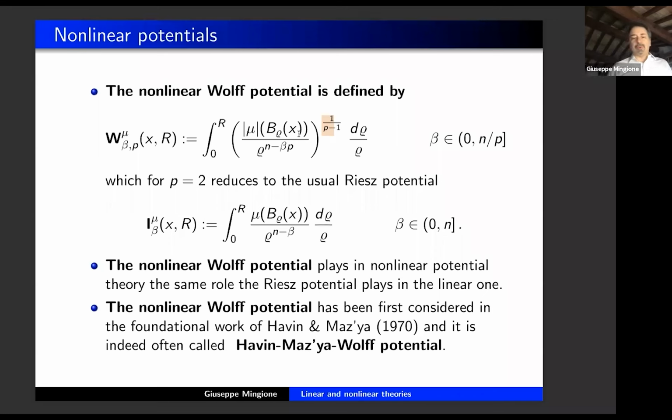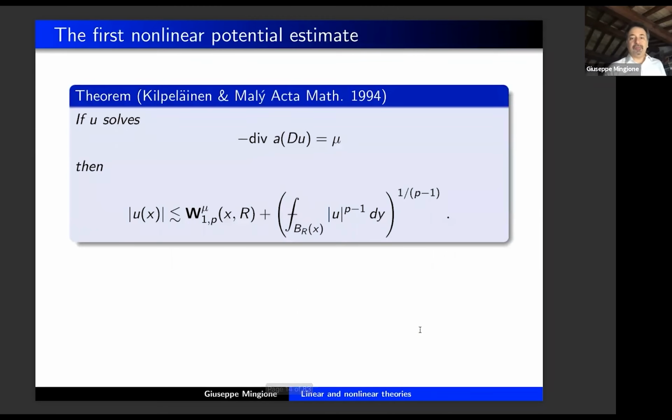Wolff potentials were for the first time introduced by Hedberg and Wolff in a fundamental paper where they established the basic facts in nonlinear potential theory, and in fact are sometimes called Hedberg–Wolff potentials, because they were really first introduced by them.